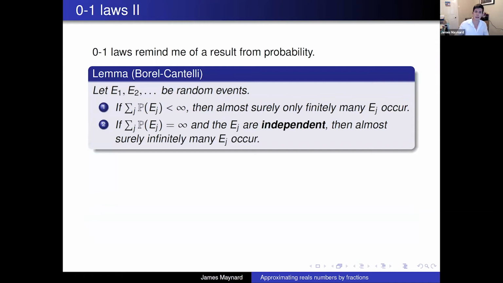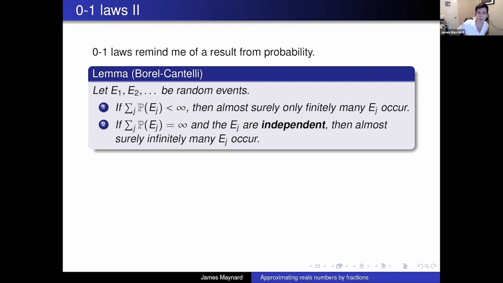Yeah, so these 0-1 laws always remind me of results from probability, in particular, the Borel-Cantelli lemma. So let me just remind you what the Borel-Cantelli lemma from probability theory is.